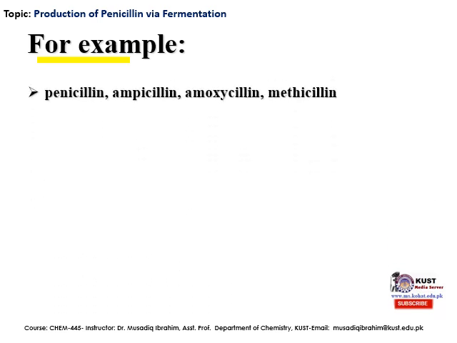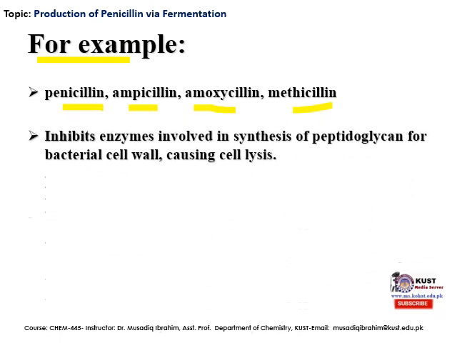Examples are penicillin, ampicillin, amoxicillin, methicillin, and their function is that they inhibit the enzymes which are involved in the synthesis of peptidoglycan, which is present in the cell wall of the bacteria, and as a result they cause cell lysis.